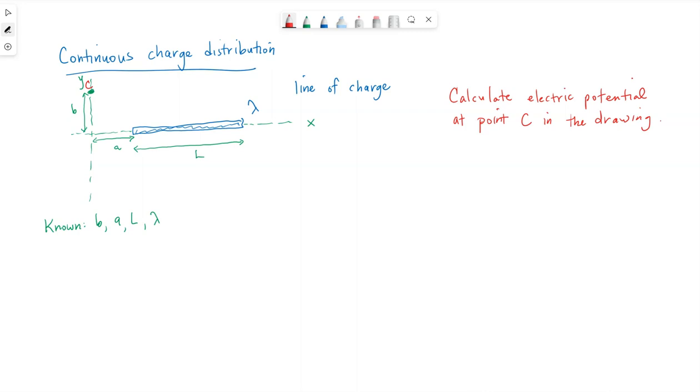Now this I can see might incite a little bit of anxiety. That's not my intention.